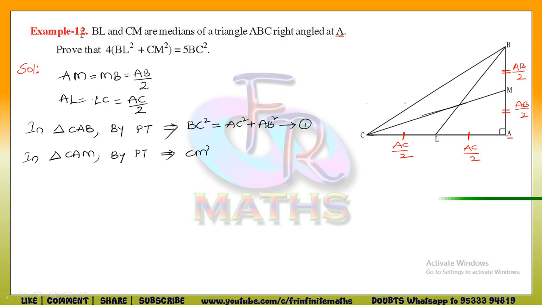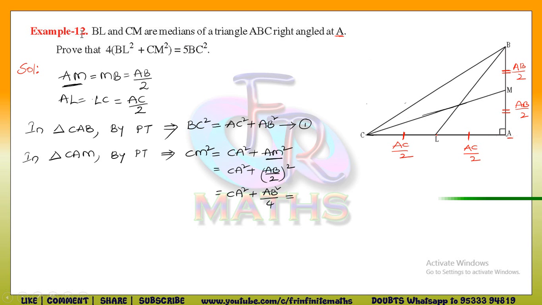So I can write it as CM square is equal to CA square plus AM square. But already I know the value of AM in terms of AB, so simply replace AM with AB by 2. Then this becomes AB by 2 whole square. This again I can write as CA square plus AB square by 4.